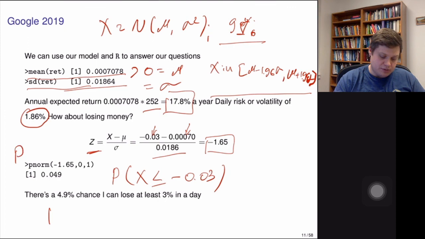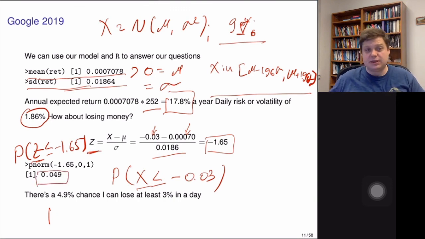Here we're calculating the probability that z is less or equal than minus 1.65. So instead of using the original random variable x, I use my standardized version of it, z, and I get this 0.049. So roughly a 5% chance I can lose at least 3% in one day according to my normal model.